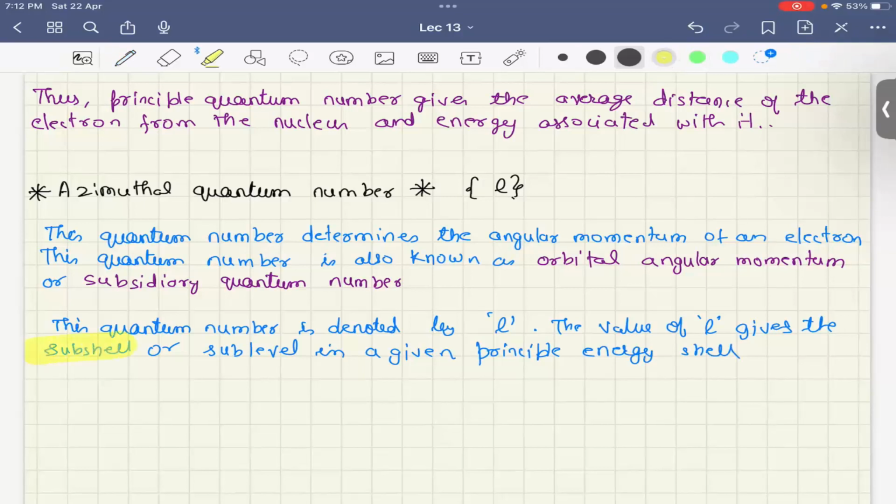This is very important. So there are subshells present inside the main energy level, and that is denoted by this, right?